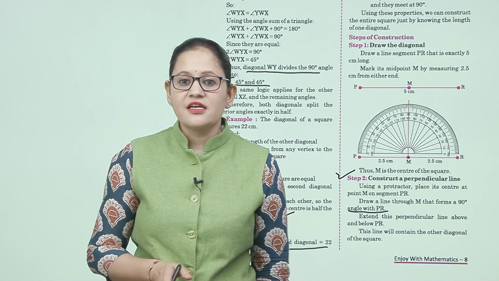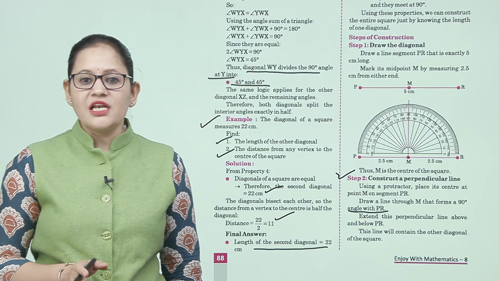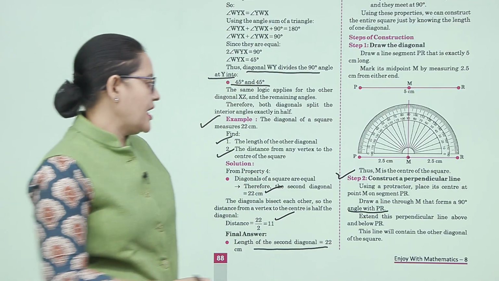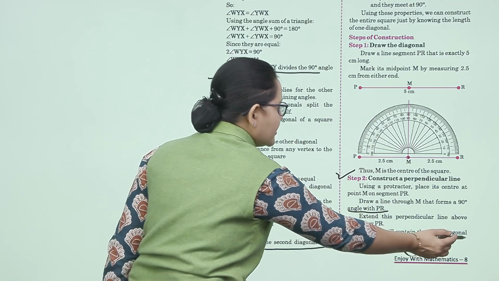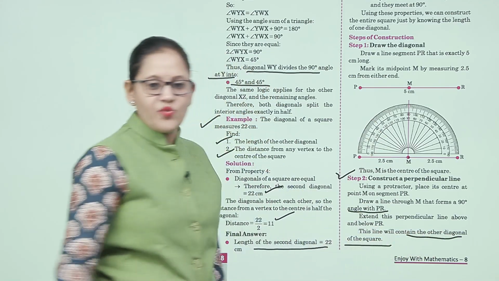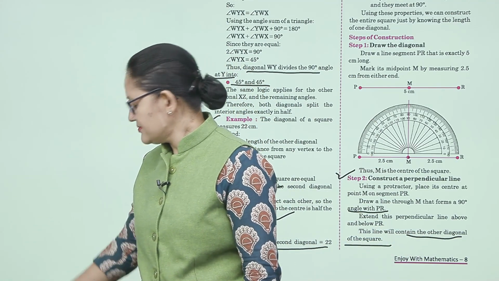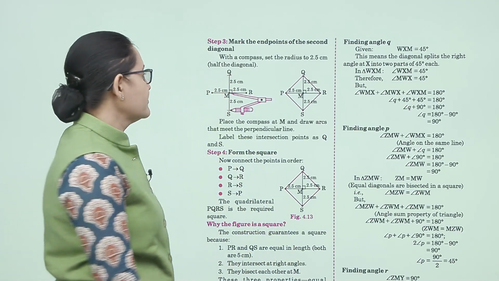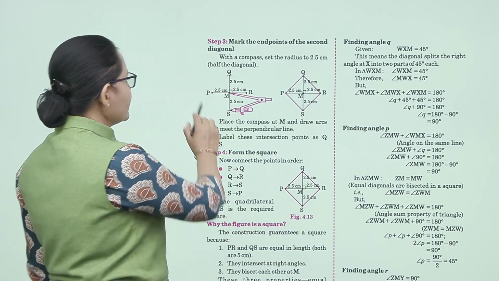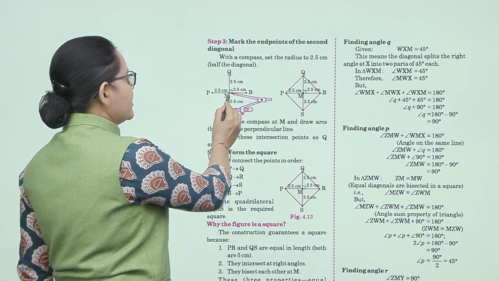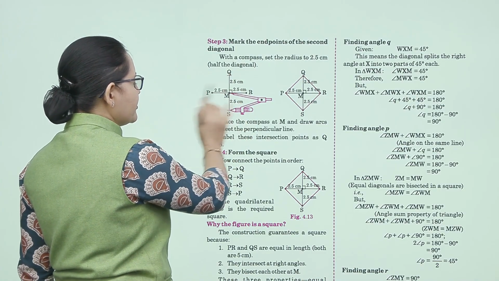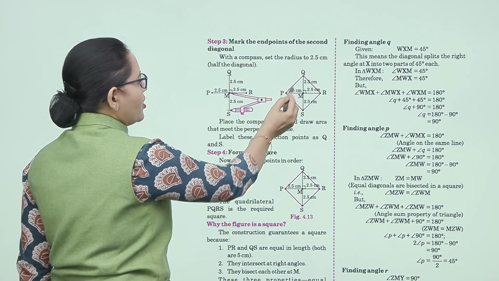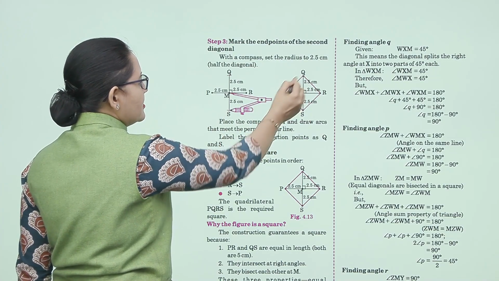Extend this perpendicular line above and below PR. This line will contain the other diagonal of the square. Here you can see this is a line segment of 5 centimeters. We'll take the midpoint M and draw the line which will divide it into two parts, and will join them like this.